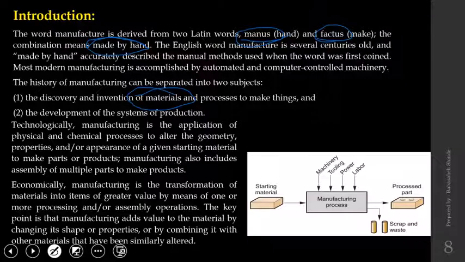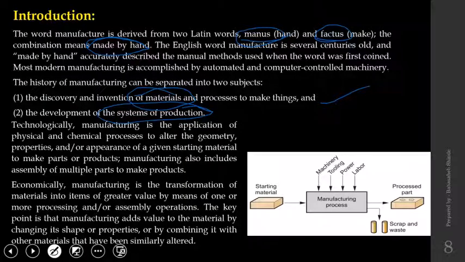When people got to know about some material and that material dominated that era, it was named after that material, right? Stone age and copper age and bronze age. So that way, when people discovered the material, that created a base and was an important thing in this manufacturing industry. And the second one is development of production systems.